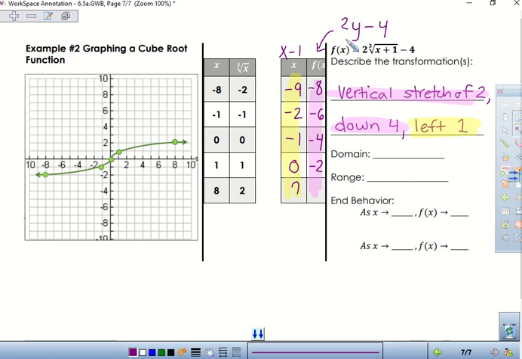Multiply by 2, subtract 4. Does that look right? I don't know. It feels off. Let me just double check. Isn't a negative times negative a positive? It's regular multiply 2 then. It's okay. I was getting confused too.